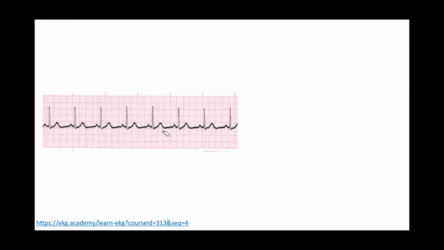Alright, since we're already on the slide, let's talk about its rhythm. So when discussing the rhythm of an EKG, there's two things you want to keep in mind. Number 1, what is its origin? Meaning, what is the source of each of the QRS complexes? Is it a sinus rhythm? Meaning it's starting at the SA node as most normal hearts do? Is it a junctional rhythm?